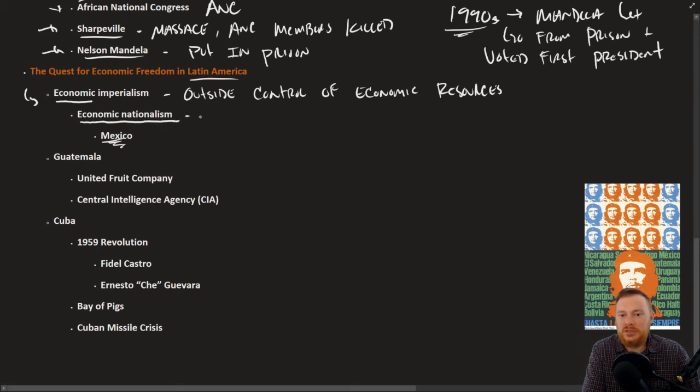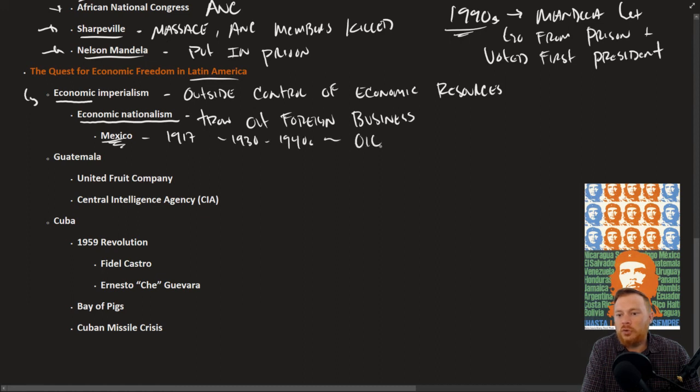Economic nationalism is essentially to throw out foreign business and instead have domestic business. Mexico did this in 1917. By the 1930s to the 1940s, Mexico had gained control over their oil again. Previously, it was mostly American businesses that controlled that.